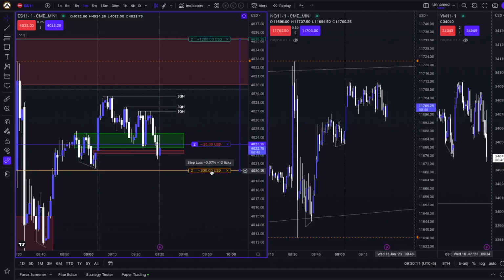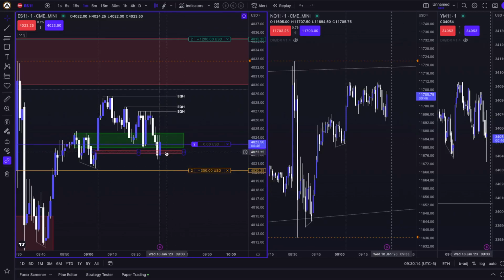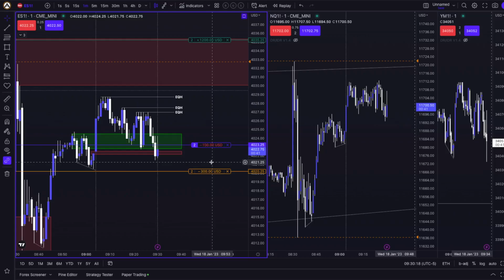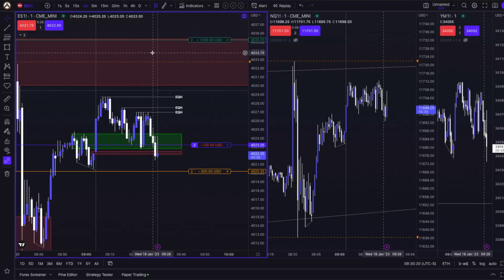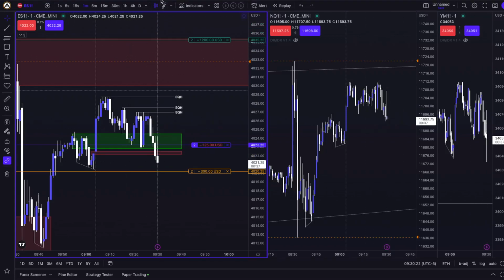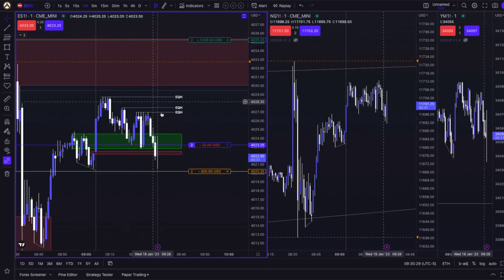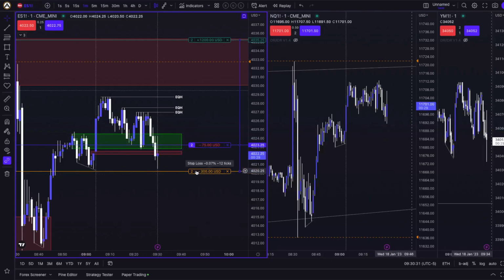It would be great if our tight stop loss here would hold actually. Let's wait and see what the DXY is doing here quickly. And we're about to get stopped out. DXY is starting to curl back up. If that tight stop loss of 12 ticks prior to the market open is going to hold, that would be great.